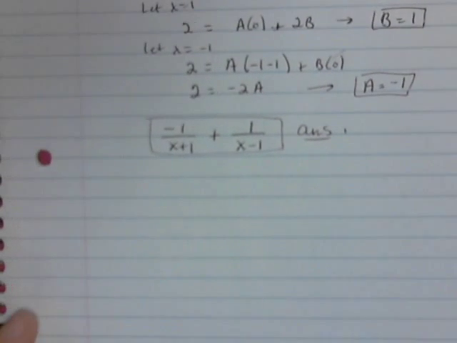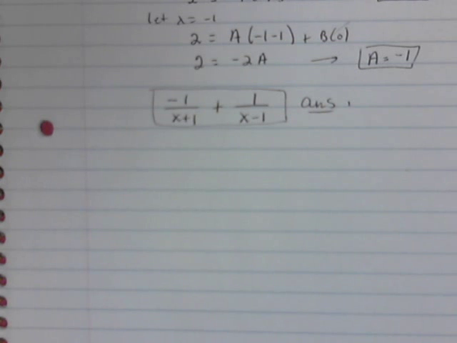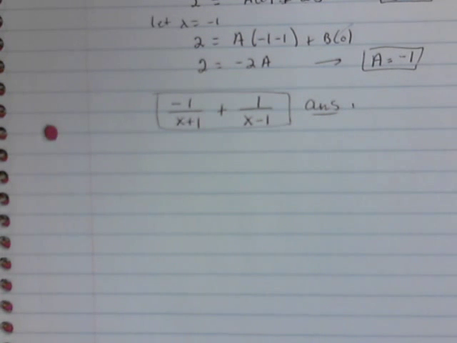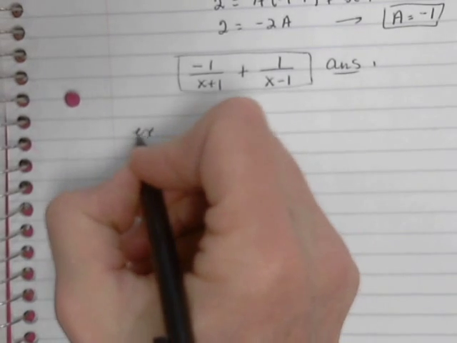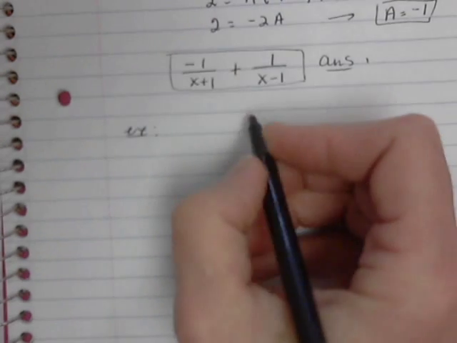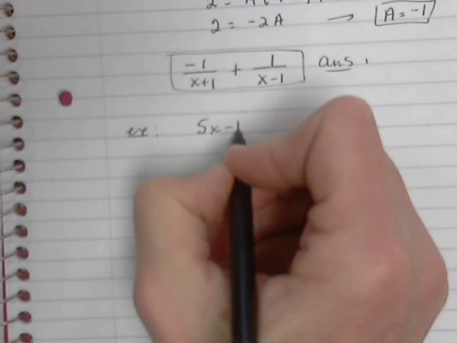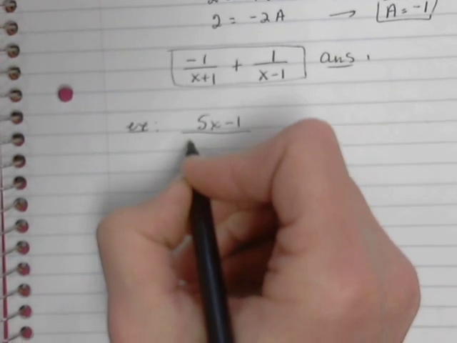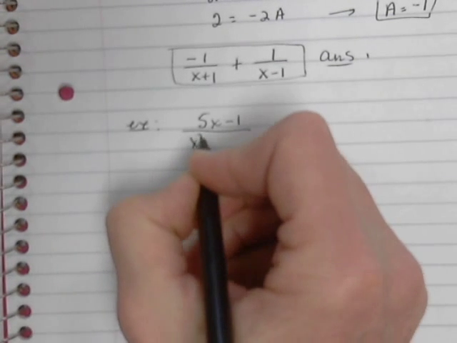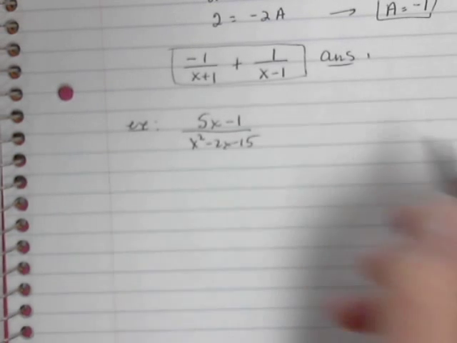And we'll just do one more example together, and I could give you one or two to do on your own. So here's your next example. Let's say we have 5x minus 1 all over x squared minus 2x minus 15.